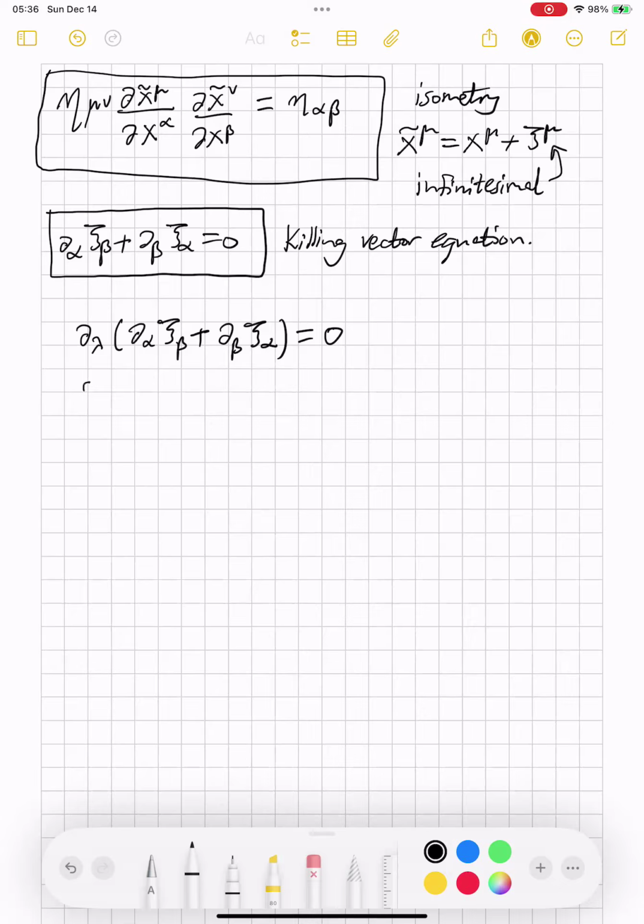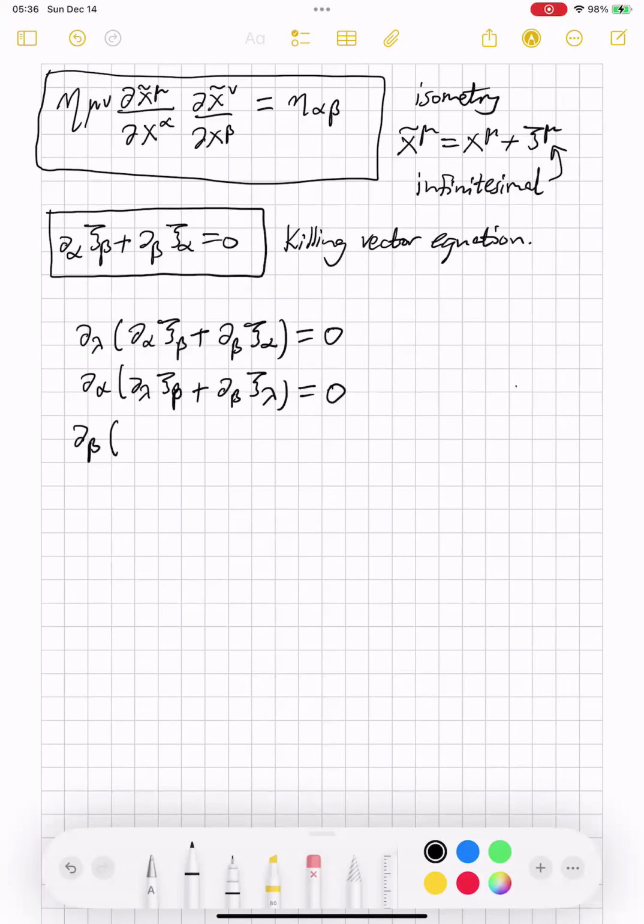So I'll have ∂_α, and now I will have ∂_λ ζ_β plus, that's a β, ∂_β ∂_λ ζ_α... rather ∂_β ζ_λ is equal to 0. Okay, and you can see why these are 0. I'm basically taking a derivative of the Killing vector equation, but the right-hand side is naught, and the derivative of naught is still naught.